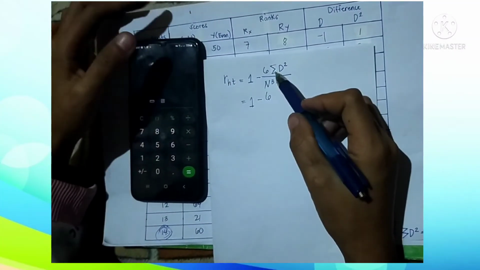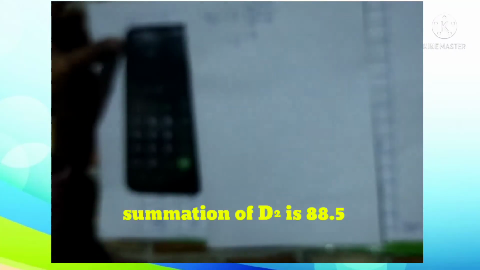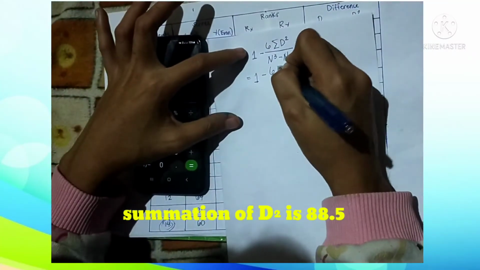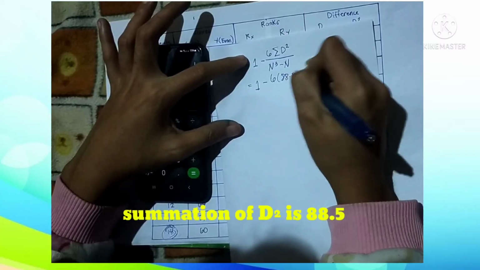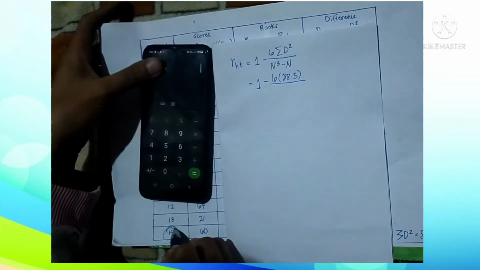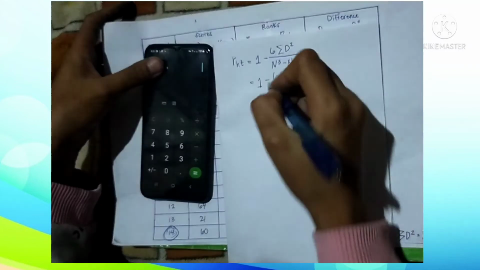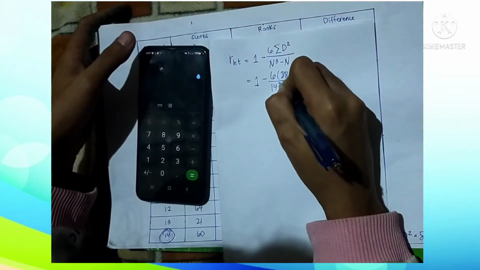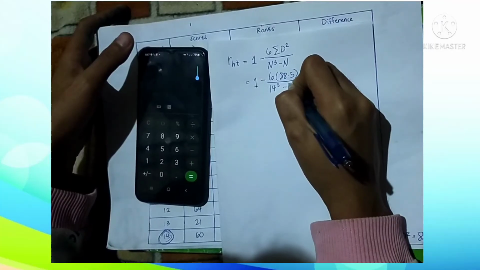So the summation of d squared is 88.5. N represents the number of students, 14 cubed minus 14.